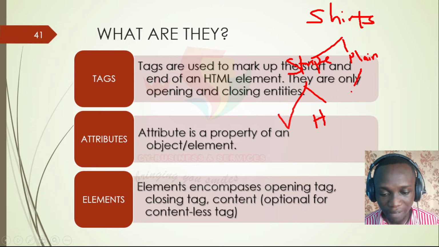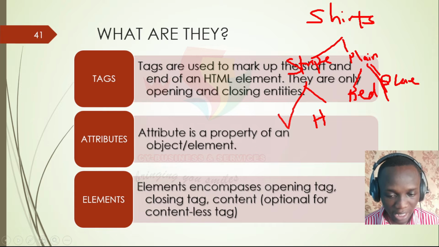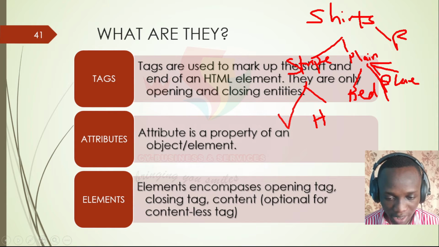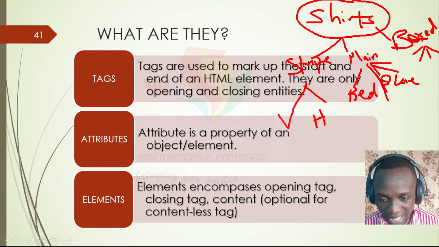And then with that, I have a plain color red. And then I have a plain color blue. I have a whole lot of them, different colors. And then I have one which is also boxed, or let me say checked. And then with that one too, I have different colors. So you realize that this shirt is the object, and in HTML it is called element.